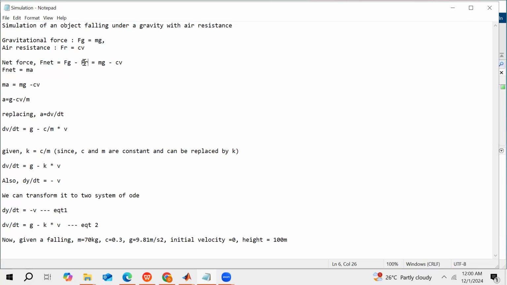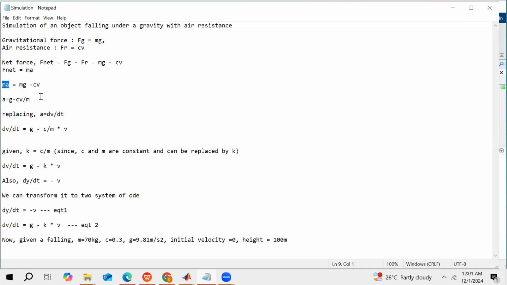So based on this expression, we have mass times acceleration due to gravity minus the coefficient of drag multiplied by velocity. We know that this difference will give us the net force, which is F net. So we have the mass times acceleration. The resultant force of this is this.